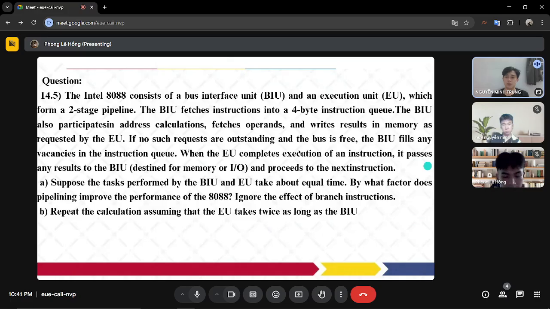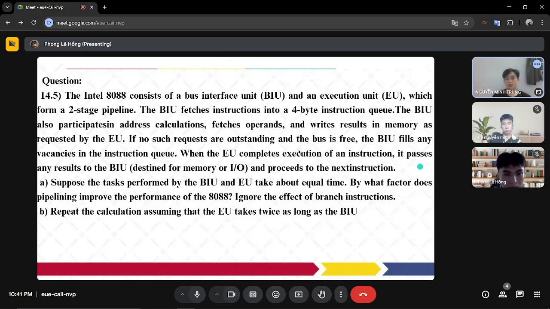If no such request is outstanding and the queue is free, the BIU fetches any available instruction. When the EU completes execution of the instruction, it passes any result to the BIU.